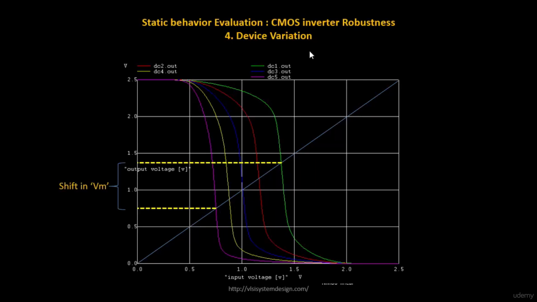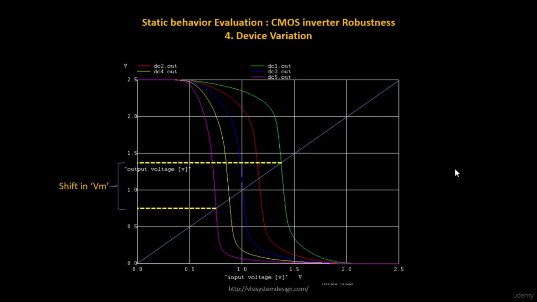That's basically the beauty of the CMOS inverter design: the operation of the CMOS inverter is kept intact. Though there is a shift in the switching threshold at different points, the shift is very minimal compared to the supply voltage that we have.